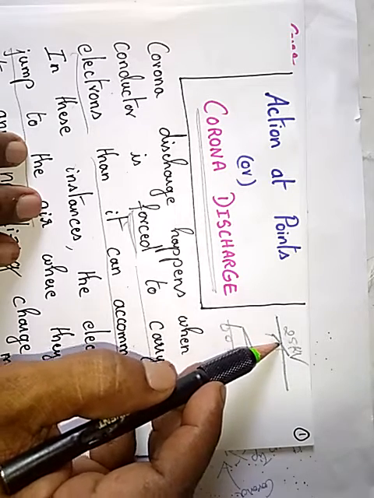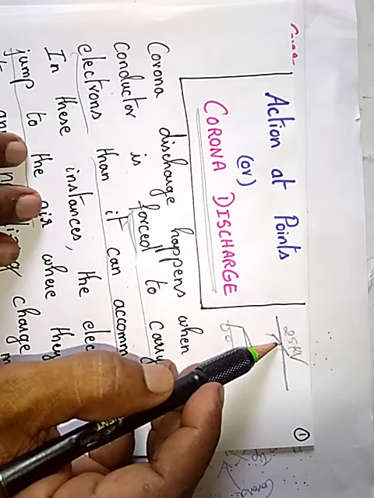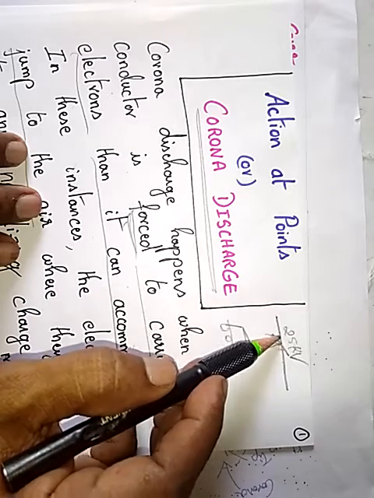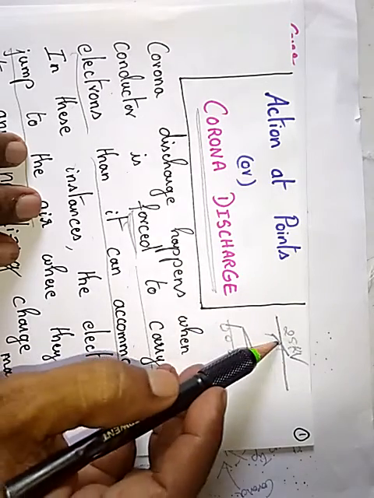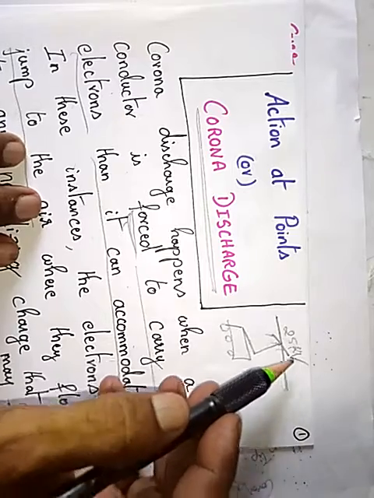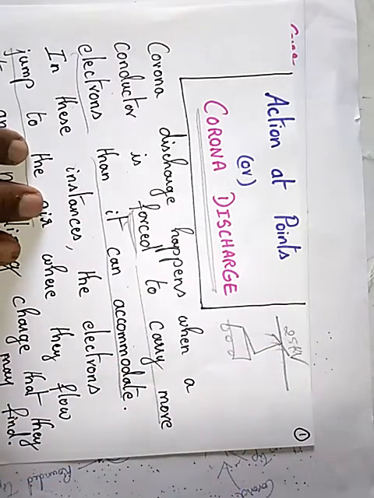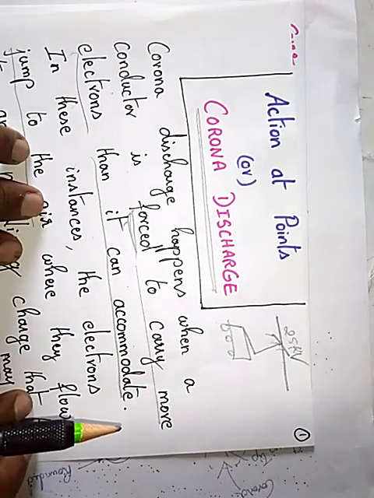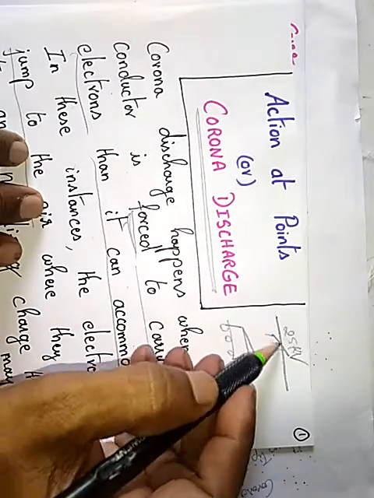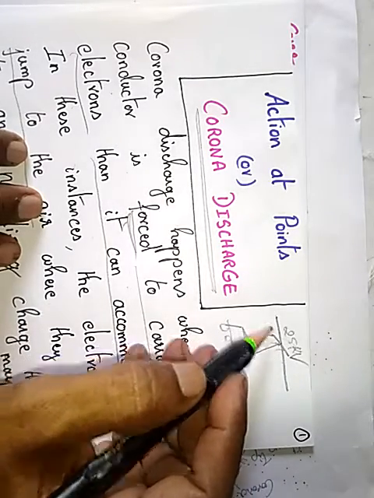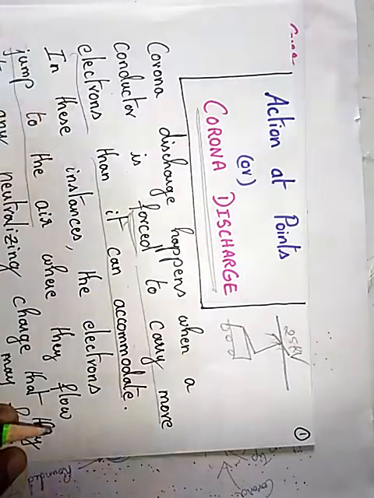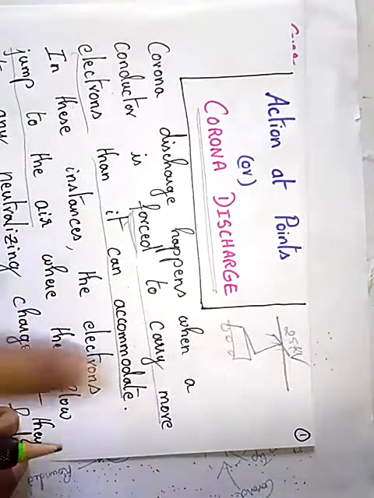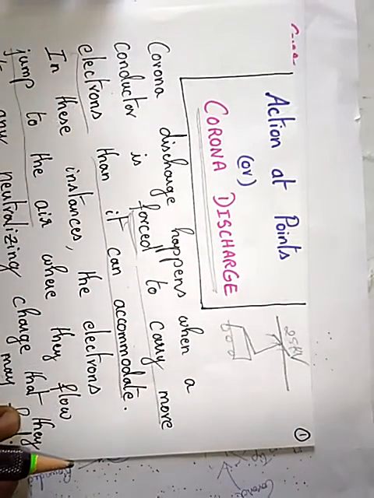If it doesn't touch the line for a fraction of a second, then there is an air gap. So this is at lower potential and this is at a higher potential. Then there is a big discharge. We can call it corona discharge, and it will ionize the air to produce light and heat.